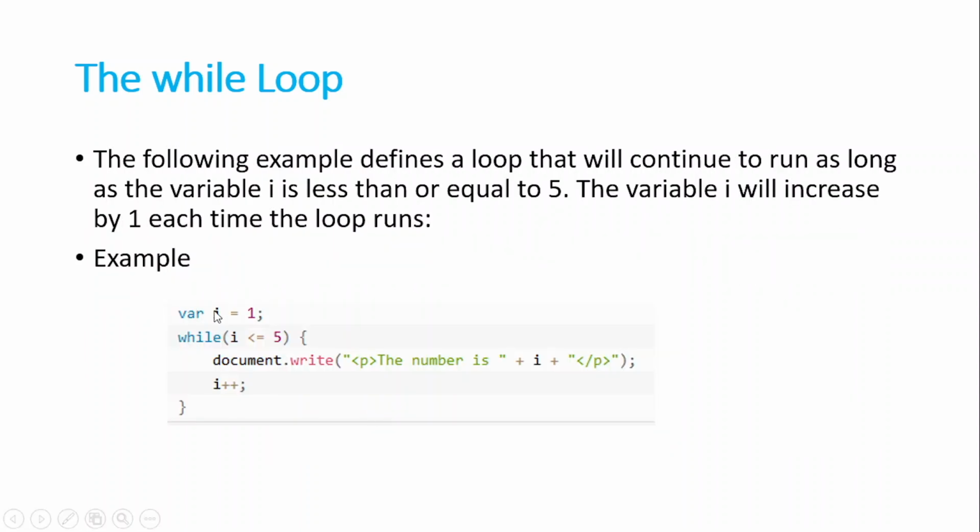Now you can see we have this variable i, which is equal to 1, and we're using this while loop in which we are checking if the value of i is less than or equal to 5. So you have to print or write it in this statement, so you write this paragraph, and then the value is printed.